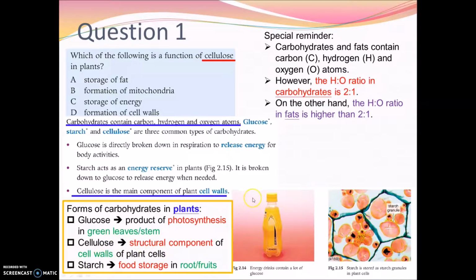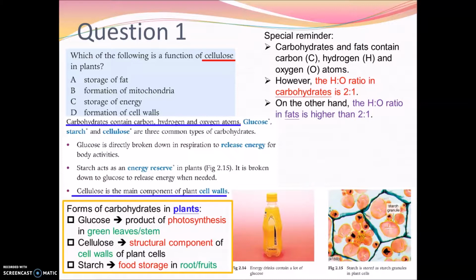Also, starch is a kind of food storage. We can find it in the fruit, we can find it in the root. Especially when we talk about plant transportation and plant reproduction, we need to mention that the starch will be stored somewhere, for example in the apple or in the banana, that's the fruit.